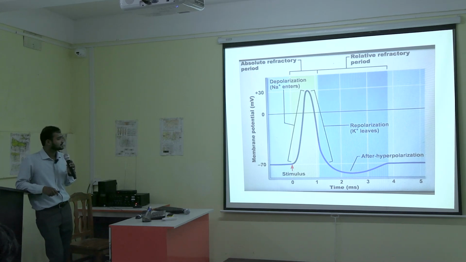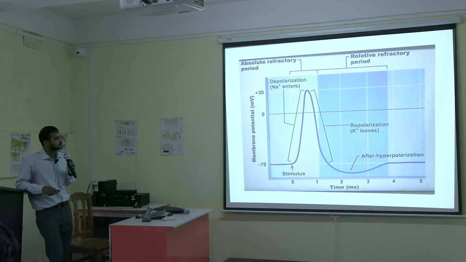When the stimulus reaches at least 10 to 15 millivolt, it will spike. It will gradually rise. It will give a spike from here till here. Certain channels are there, we will be discussing.